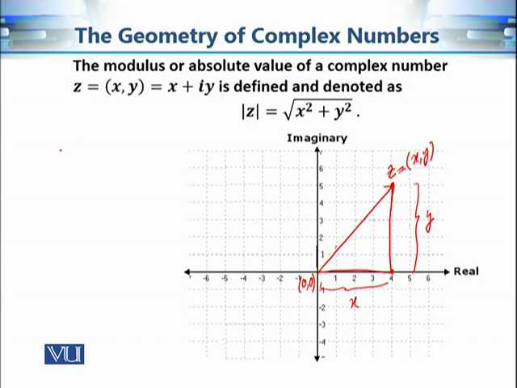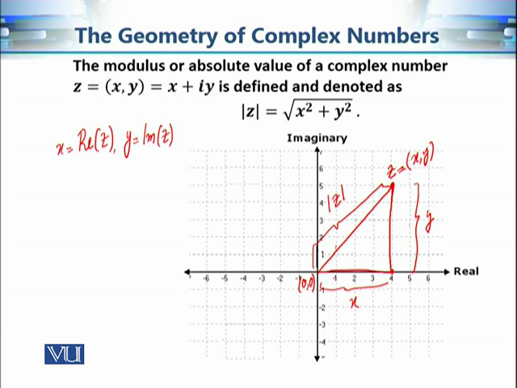Now this x is also the real part of this complex number z, and this y is the imaginary part of z. And the length of this hypotenuse is basically the modulus of this complex number.